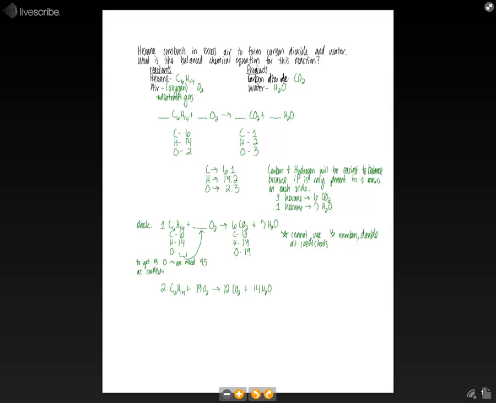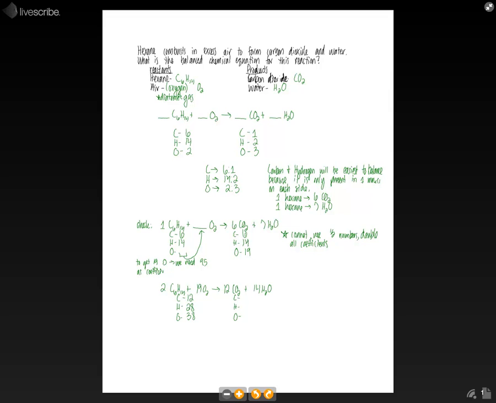Let's go ahead and check each species again to see if we have it fully balanced. Now we have a total of 12 carbons on the left, 28 hydrogens, and 38 oxygens.